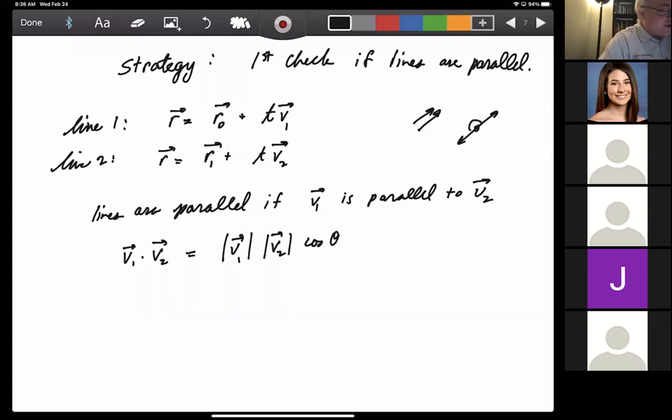If you take the dot product, you're going to get a factor of either 1 or -1 from the cosine. So the absolute value of the dot product would just be the length of V1 times the length of V2. So you could do that, but that's not the easiest way to do it. The cross product would be 0 if the vectors were parallel.